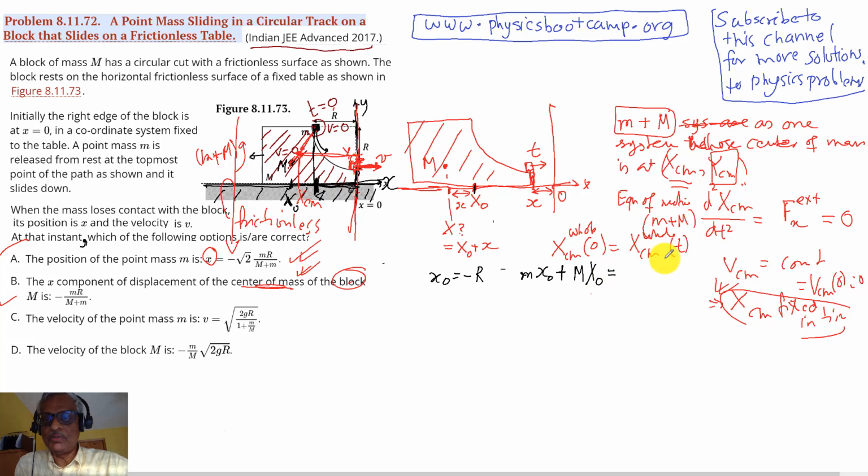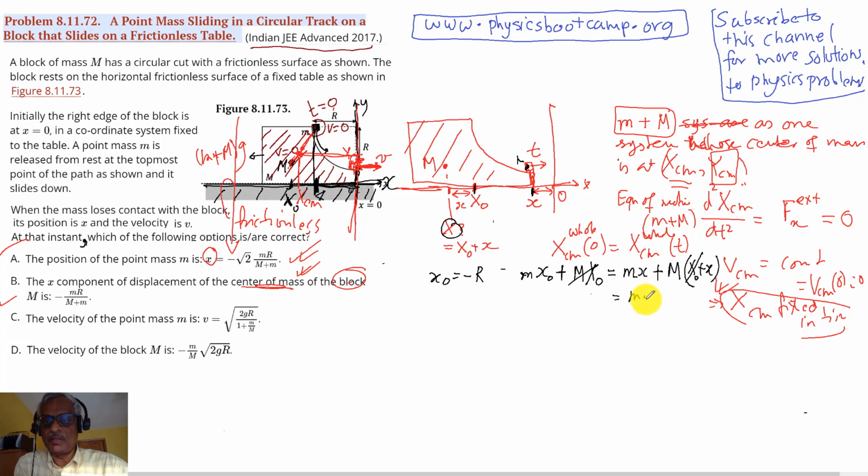So that should equal little m, and when it moves to this point, little m is at coordinate little x, plus big M is at capital X, which is x0 plus x. So it turns out that this part is canceled by that part when you open the parenthesis.